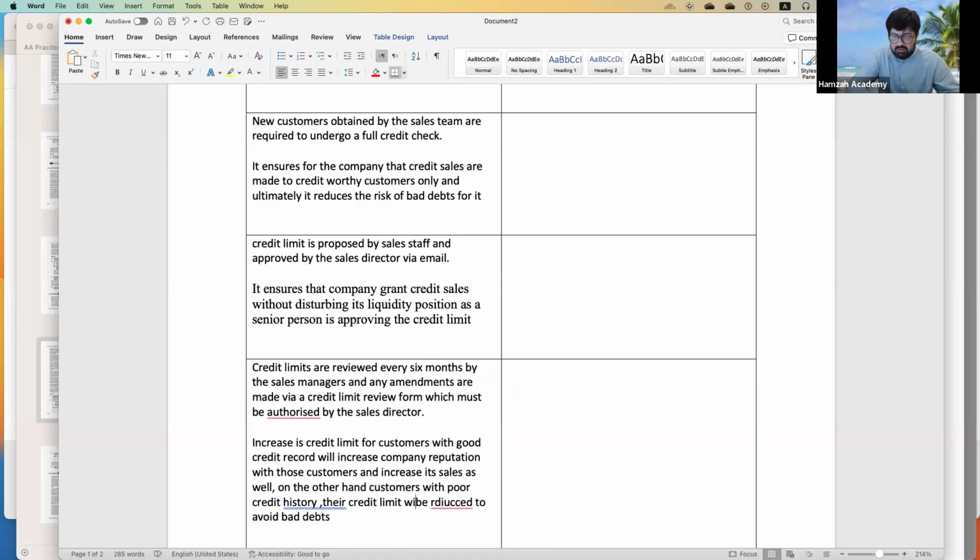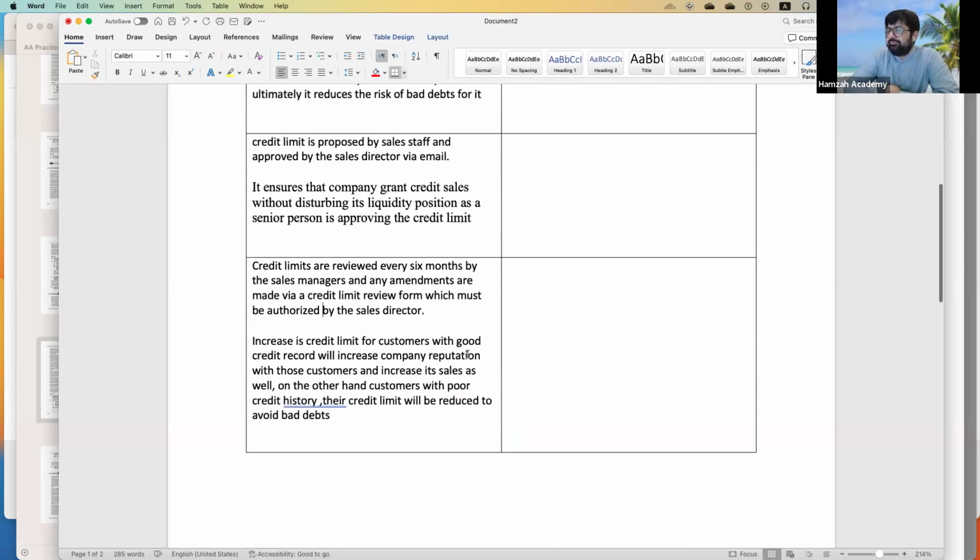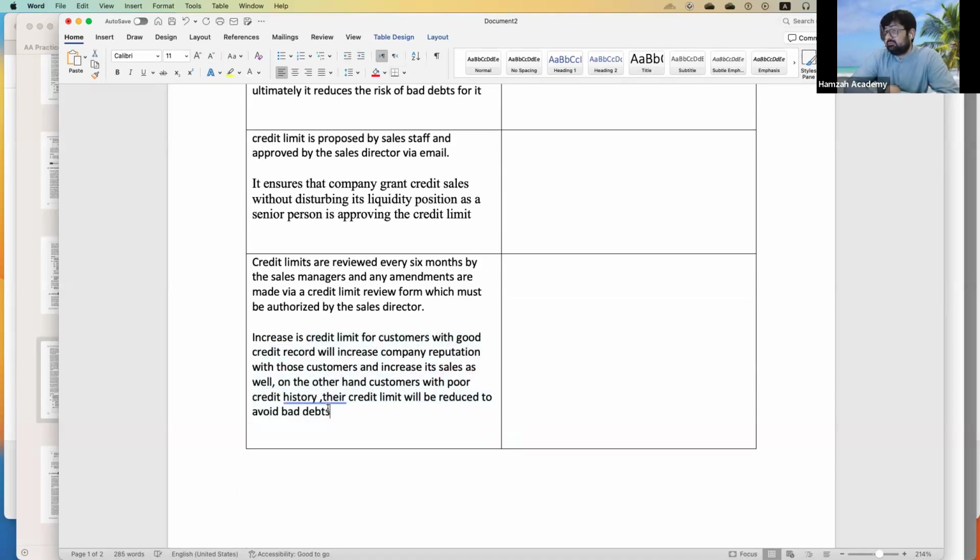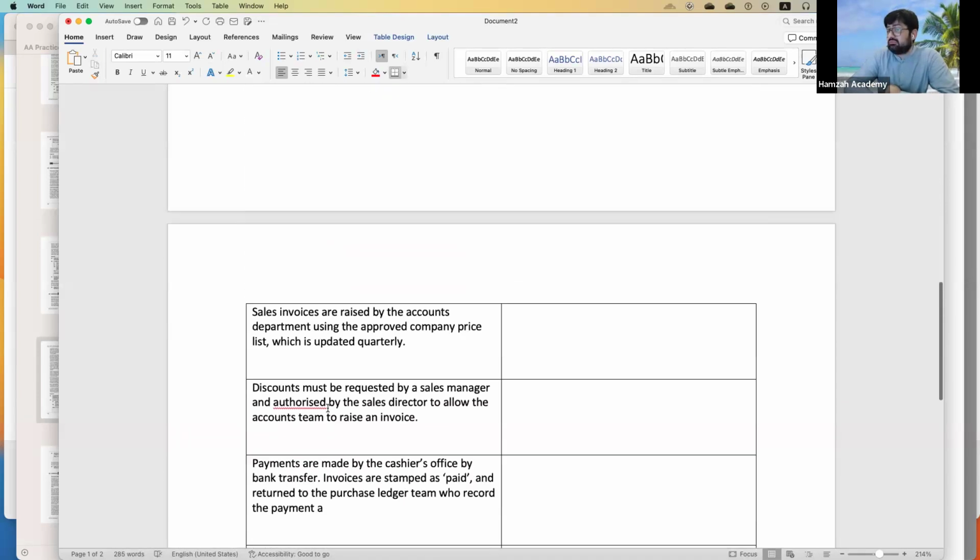Will be reduced. Now, so the benefit, explain.